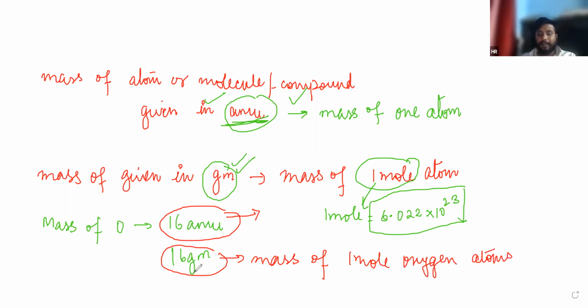If mass is given in gram, that means the mass of one mole of oxygen atoms. One mole means 6.022 into 10 raised to the power 23 oxygen atoms, the mass of this many atoms of oxygen. And if it is given in AMU, that means the mass of one atom of oxygen.